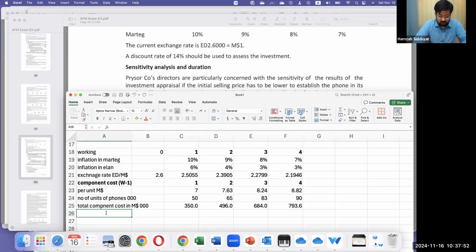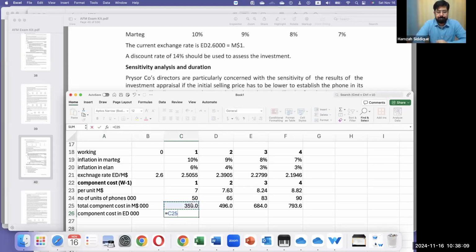Okay, so component cost in ED 000 round off. If we divide or multiply, what to do? Multiply. You see here, this is ED per M dollar. And this price is in dollars.